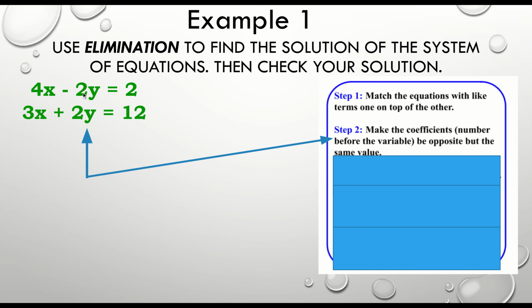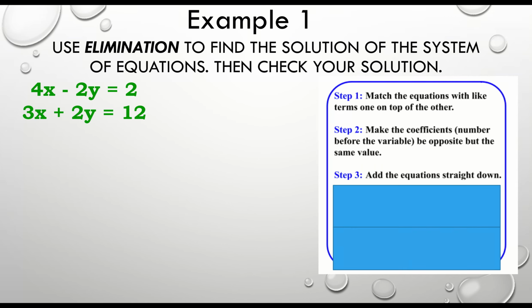So both coefficients are the same number, they're both 2's, but they have opposite signs. One is negative, one is positive. This is what we want, to be able to eliminate. The whole idea behind that is because we can then move to step 3, which is adding the equations straight down.